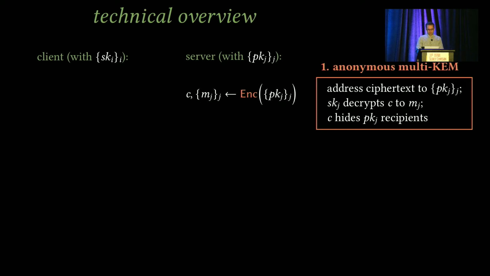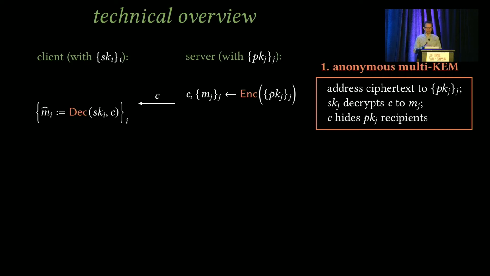And finally, this ciphertext is anonymous, and that means that the ciphertext doesn't leak anything about the set of recipient public keys, except maybe it leaks the number of those public keys, but it doesn't reveal the identities of the recipients.